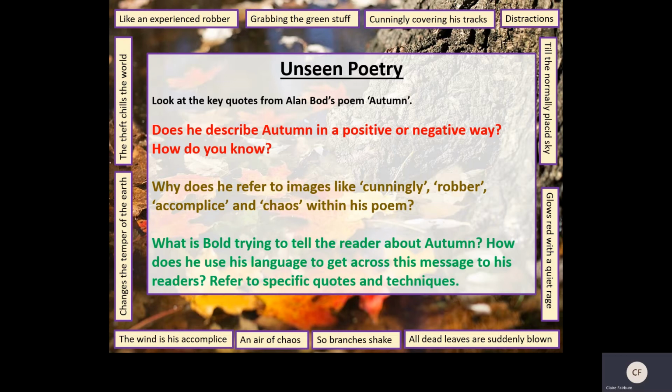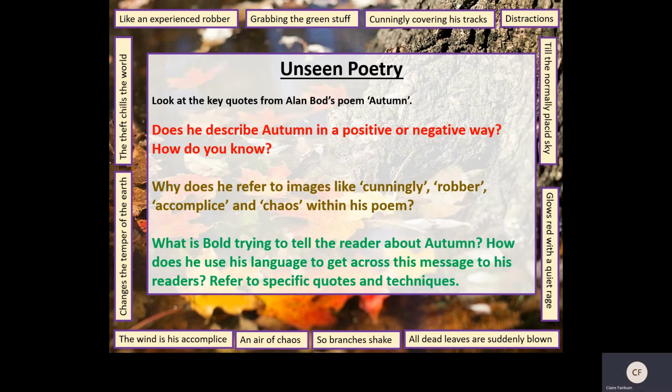Grabbing the green stuff, cunningly covering his tracks, distractions, till the normally placid sky glows red with a quiet rage. All dead leaves are suddenly blown, so branches shake, an air of chaos, the wind is his accomplice, changes the temper of the earth, and the theft chills the world.